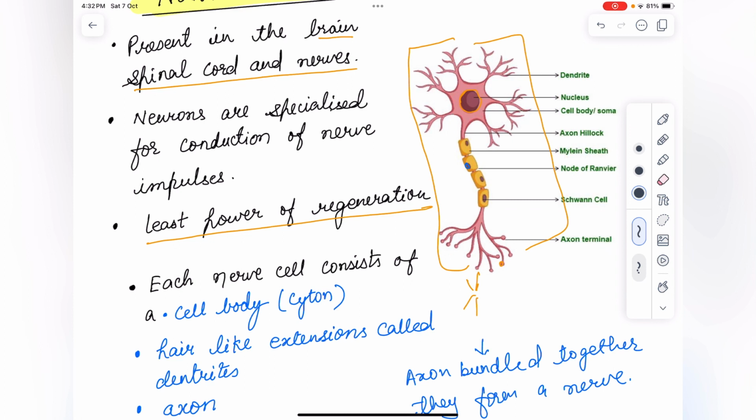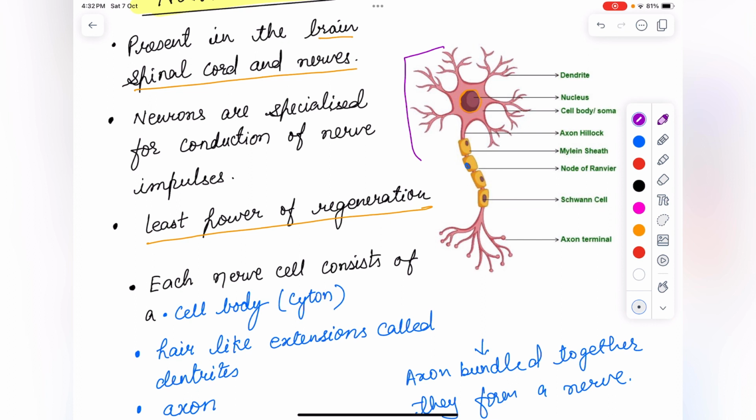Okay, now we will see the structure of a neuron. So in a neuron there are three parts. This upper part is called cyton or cell body, or it is called perikaryon, and this contains nucleus.